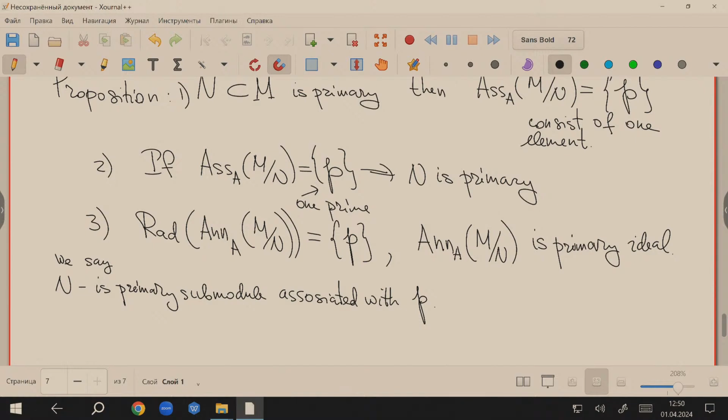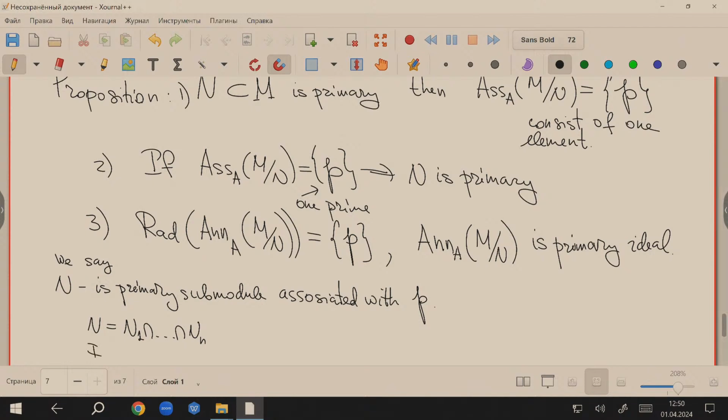The aim is to say that any N is an intersection of primary submodules.